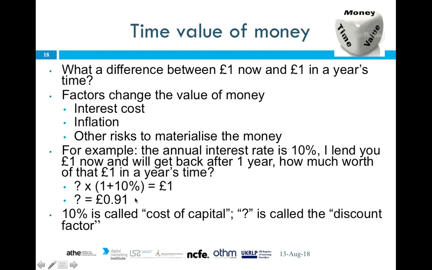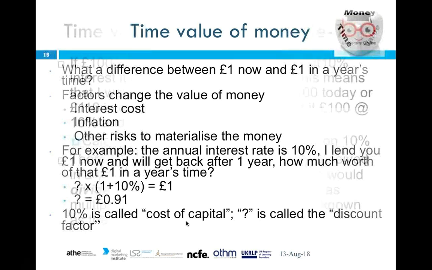With a 10% interest rate, 1 plus 10% gives £1.10. That means £1 received after 12 months is valued today at 91 pence. That 10% is called the cost of capital, and the resulting factor is called the discount factor.